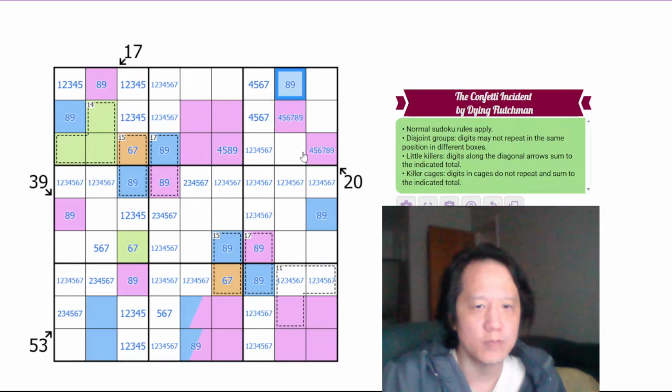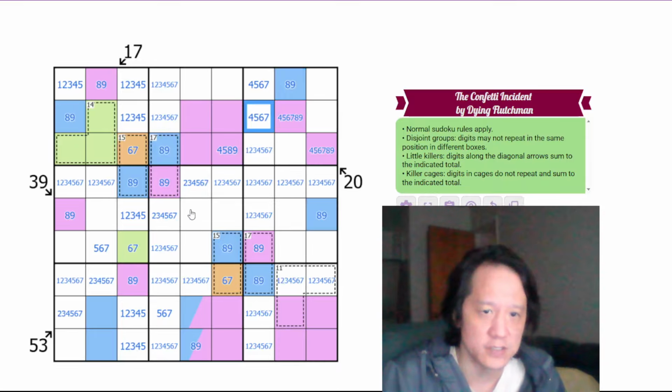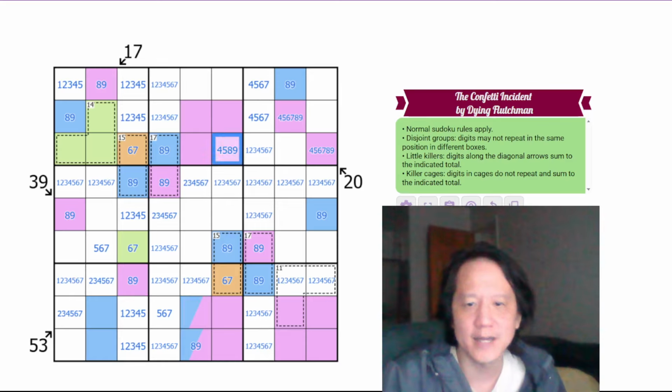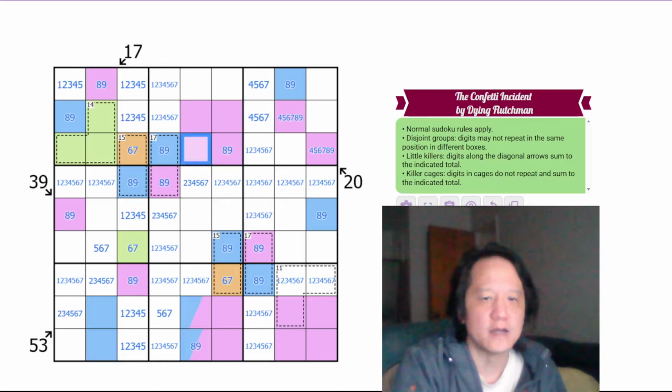That's 21. 21 is not enough with 4, 6, and 7 on the left central cells, and then 6 and 7 with the top central cells, because that adds up to 51. So this has to be the pink 8, 9.